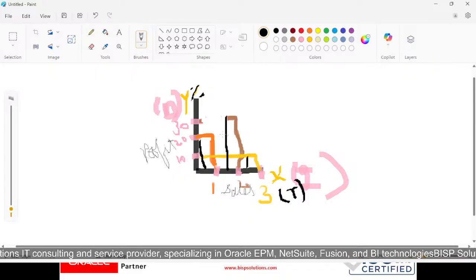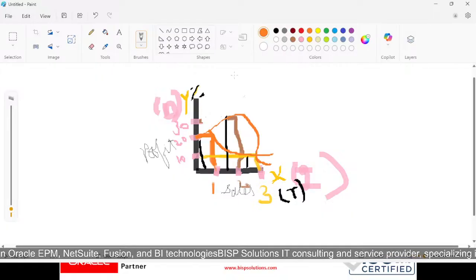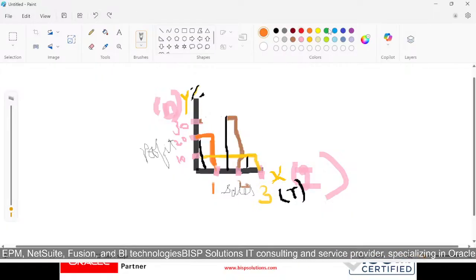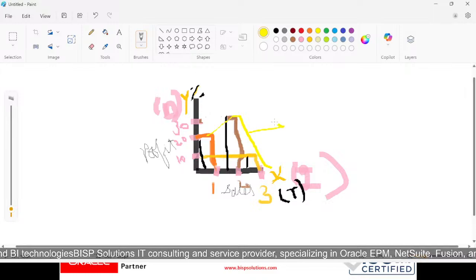So we will be having our slope like this. Sorry, it will be increasing from this to this. Just a second, removing it. Our graph will be like this to this. So what is this? This will be our slope.